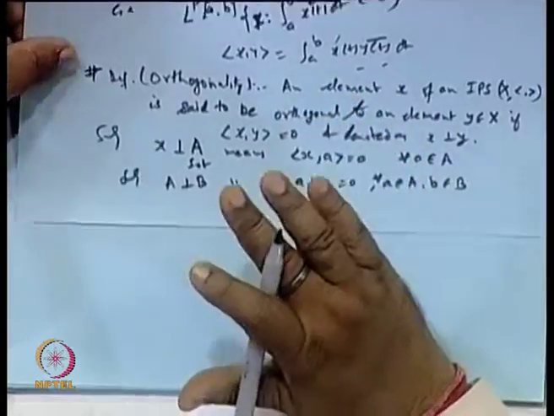Now, we have introduced the concept of the inner product, and then the concept of the norm in terms of the inner product. So, first the inner product, then we have generated the norm, and we have seen that every norm is not an inner product norm. Now, suppose it is given that this particular norm space is an inner product space.